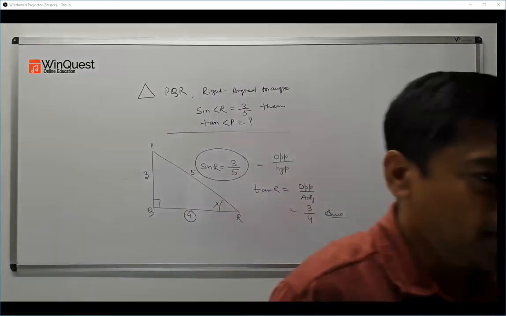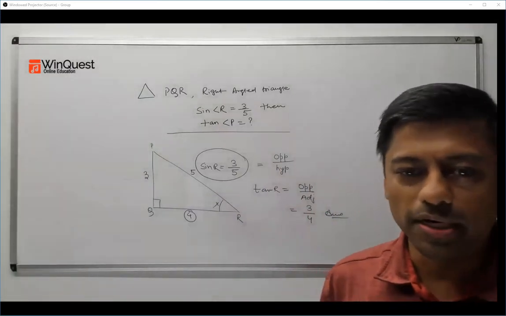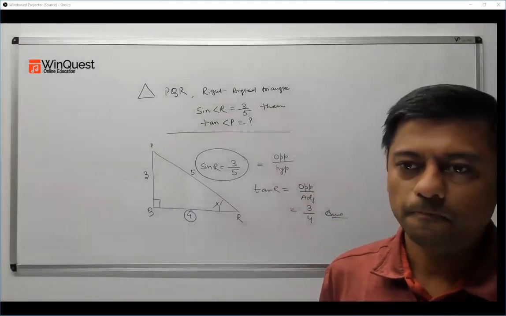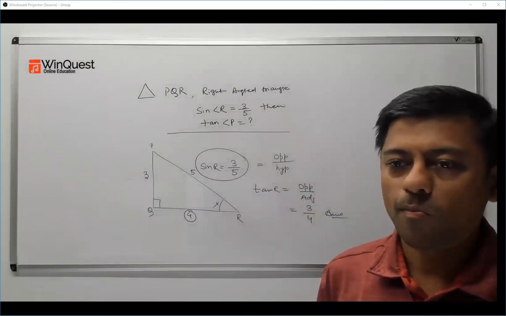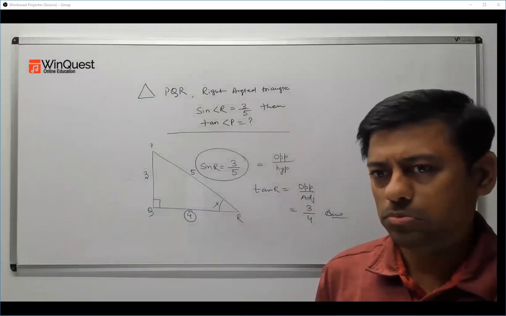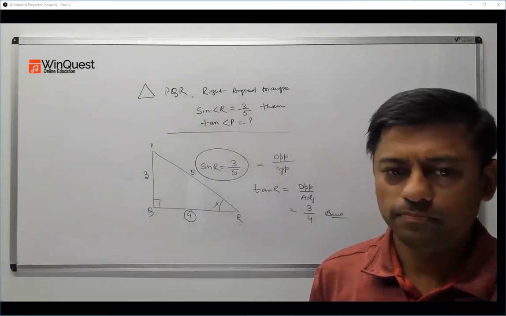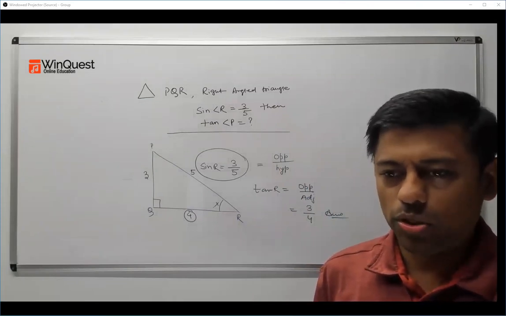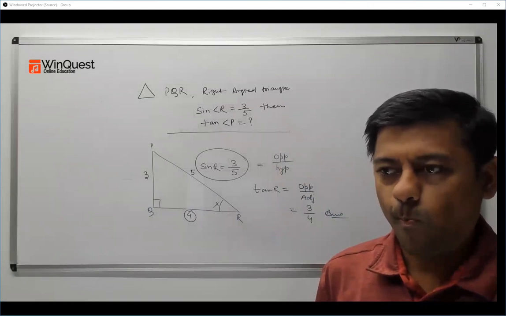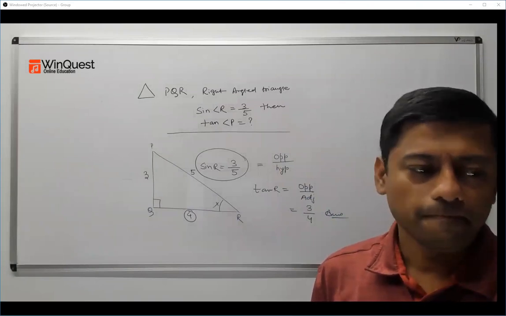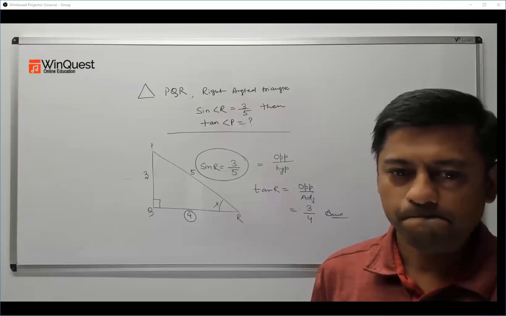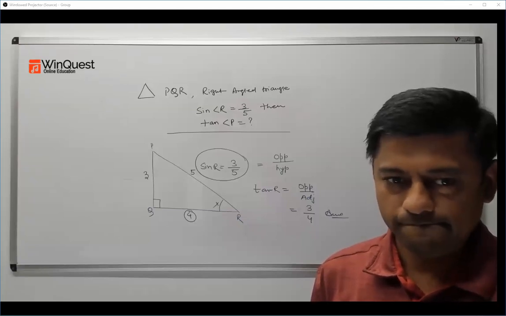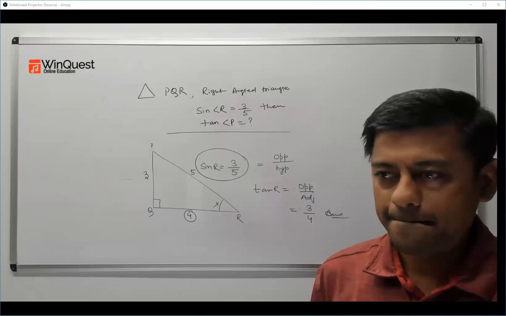How many of you agreed with or understood this? I agree. Wait, aren't you finding tangent of P, not R? Yeah, you had to find tangent of P. Oh, yeah, I just noticed that. It's supposed to be 4 over 3, not 3 over 4.